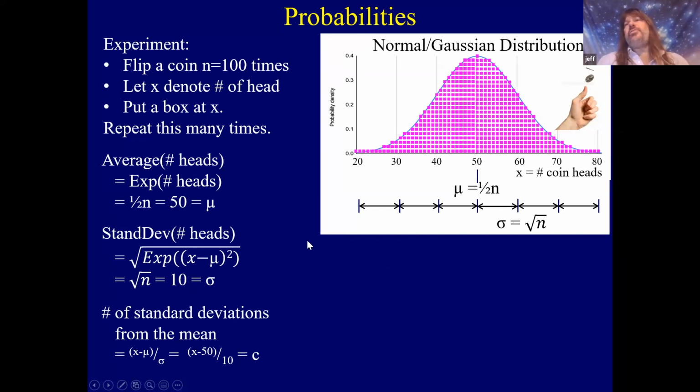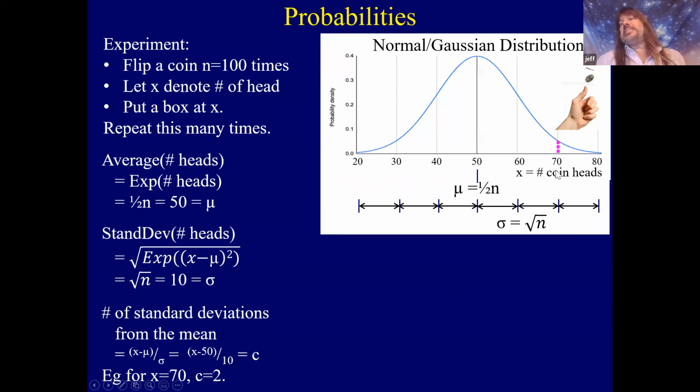If you flip a coin and get X heads, then C is how many standard deviations you are away from the mean. For example, if you got 70 heads, then you are 2 standard deviations away from the mean, because the mean is 50 and the standard deviation is 10.